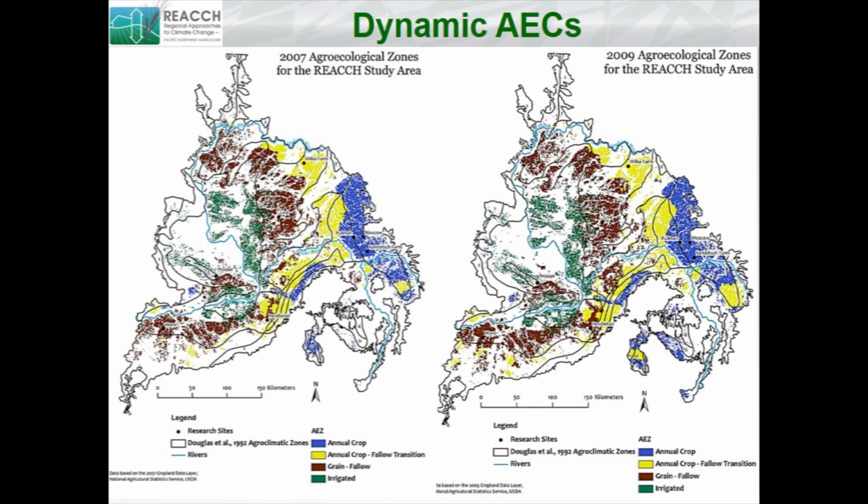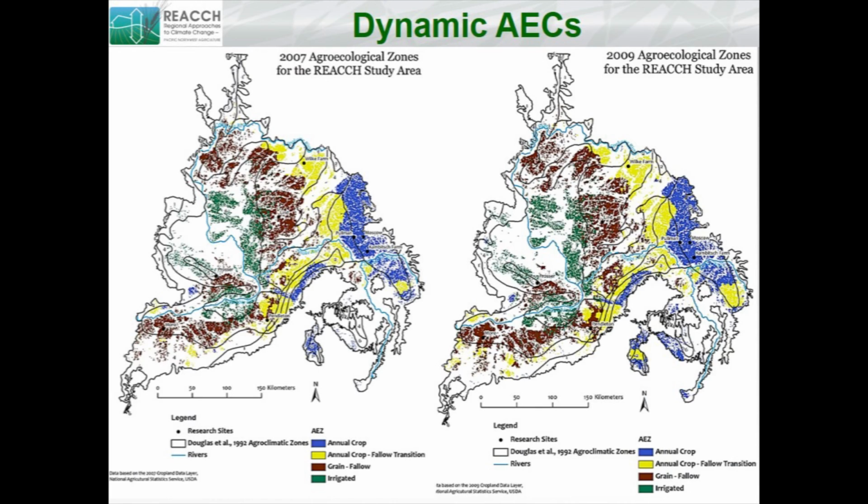And so what you're looking at are 56 meter squared pixels that have been classified as to what agroecological class they belong to. And this was done simply on the basis of the proportion of fallow surrounding each of those pixels. So annual cropping, we're pretty much cropping over 90% of the time.